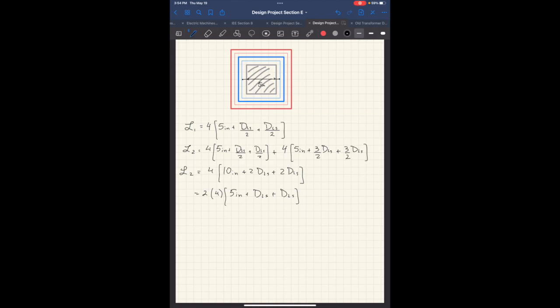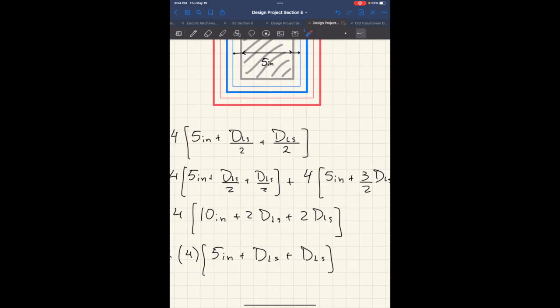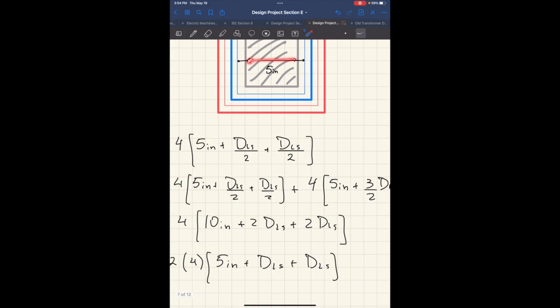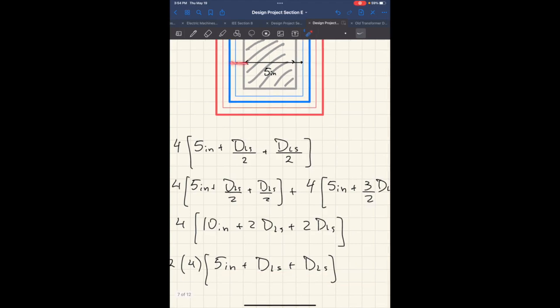Okay? Let's see what this represents. 5 inches is this distance, and 1 diameter is exactly here on either side, right? So in other words, this is 1 diameter, and this is 1 diameter. So this distance is actually giving me this whole thing.